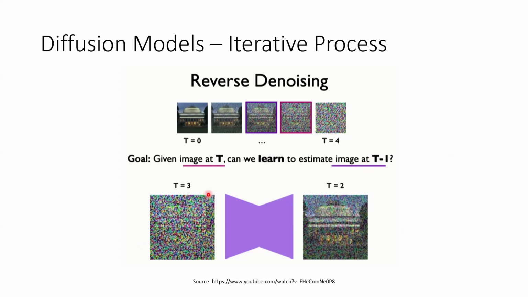So if you are given the image relevant to t equals 3, then you learn a neural network to convert it into the image at t equals 2, which is this one. So from T4 to T3, T3 to T2, T2 to T1, T1 to T0.